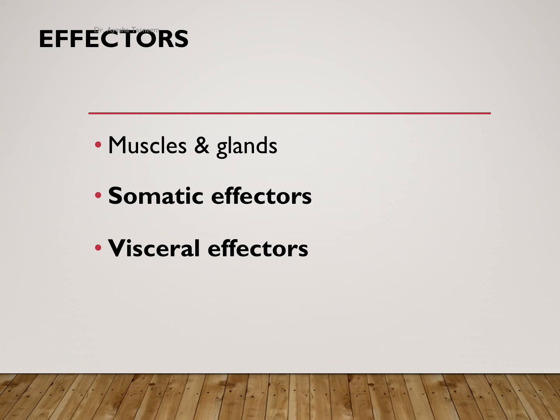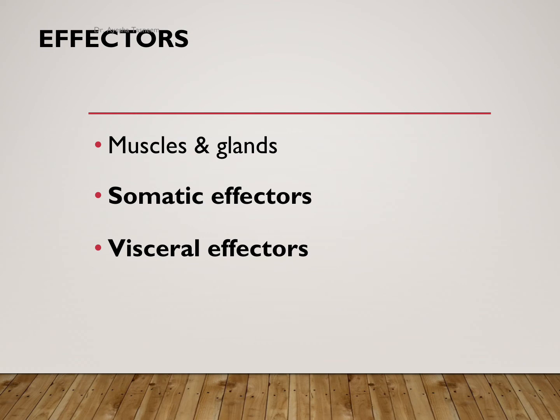Then we have some effectors. Effectors include muscles and glands. These are further classified as somatic effectors and visceral effectors. The somatic effectors have endings that are myelinated. The cell bodies are in the anterior gray horn and the fibers go to the skeletal muscles.